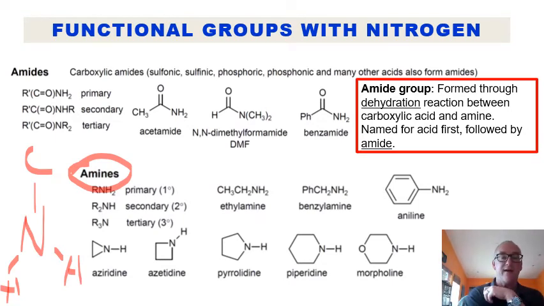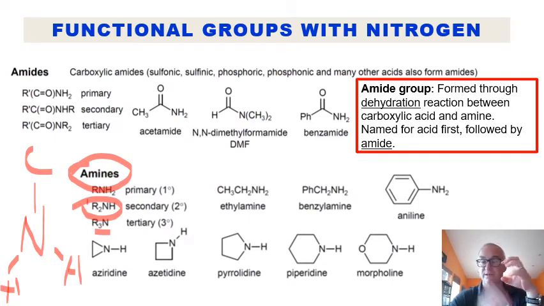A secondary amine would be a nitrogen attached to two carbons and one hydrogen. And then a tertiary amine would be a nitrogen just attached to three different carbons. And there's lots and lots of these types of molecules in nature. So those would be amines.